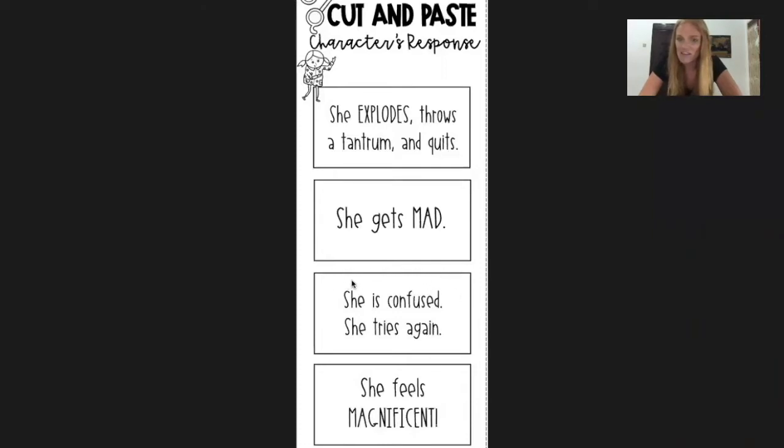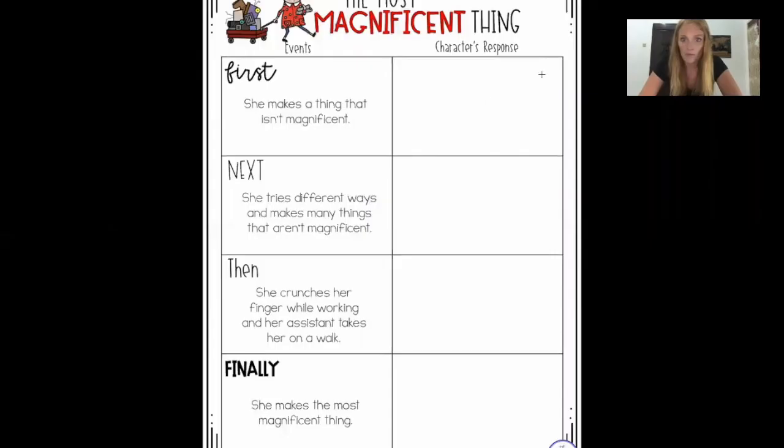She is confused. Why did this not work? So she tries again. So what we will do, we'll cut this square or this rectangle, and we're going to glue it in the first box on the other page. We're going to glue it right here.